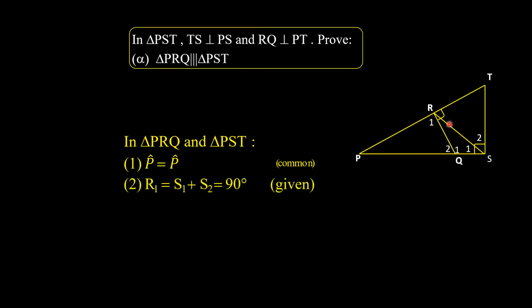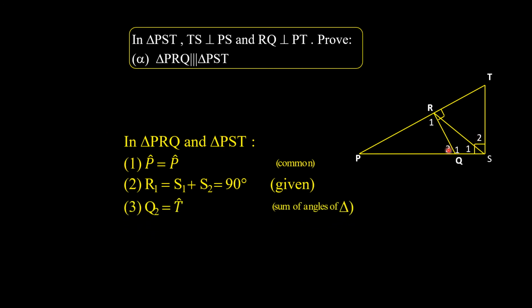Next, in this small triangle, angle R1 is 90 degrees because it is perpendicular. It's given in the question: RQ is perpendicular to PT. In the big triangle, S1 plus S2, that is angle S, is also 90 degrees, given.